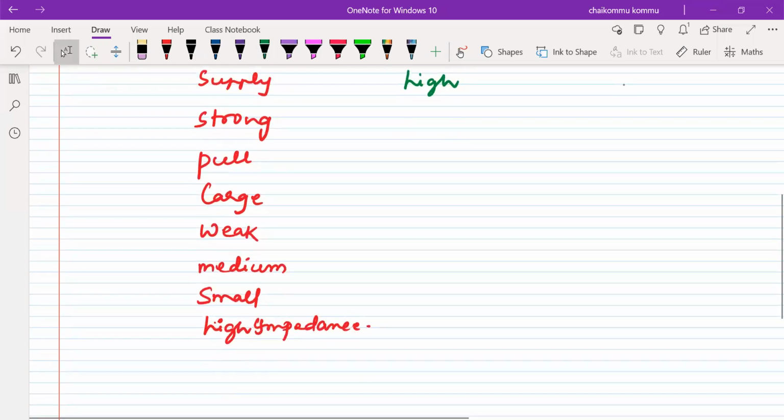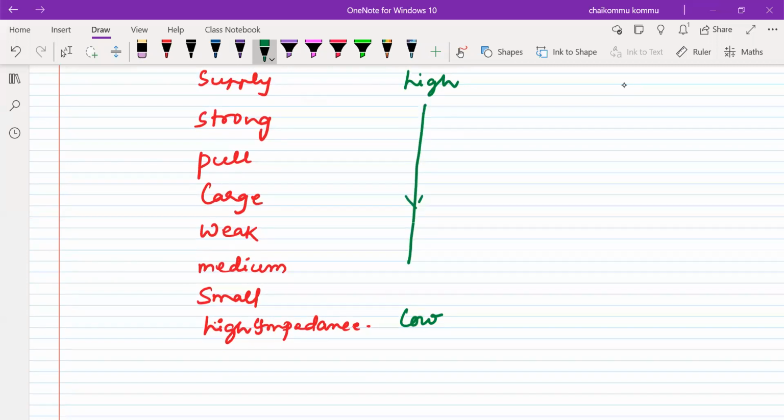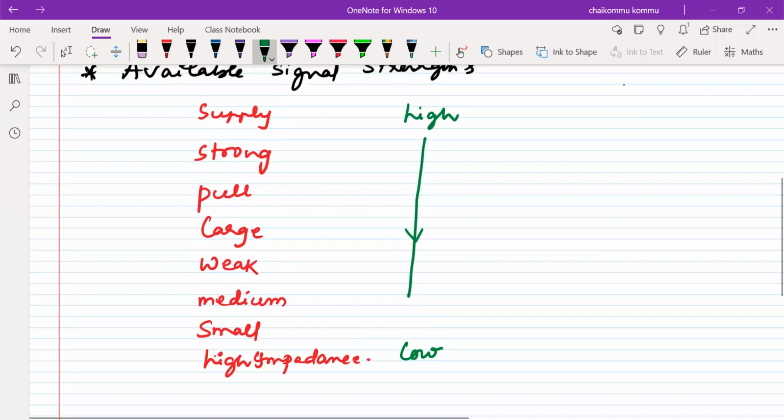The lowest strength is applicable to high impedance. So the strength value decreases in this fashion: supply has the highest strength, strong has less than supply, pull has less than strong, large has less than pull, something like this. Clear?